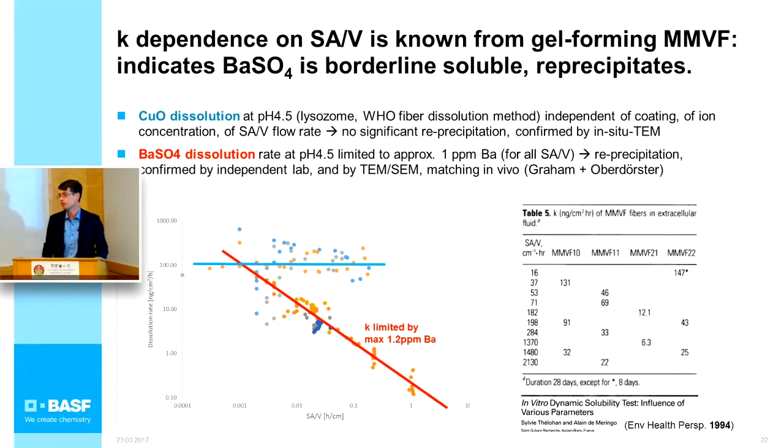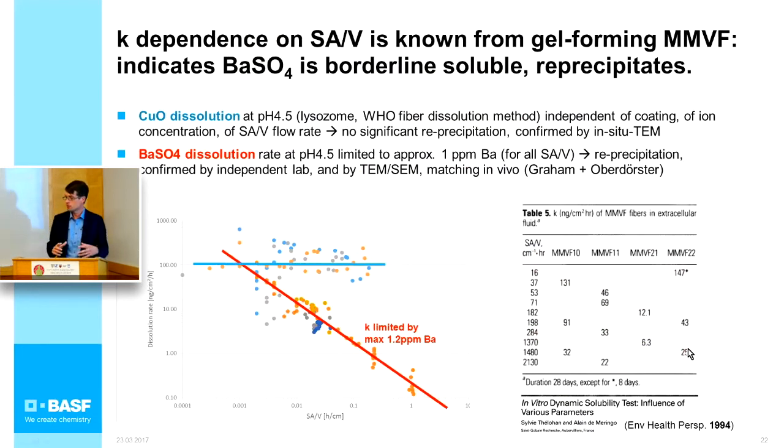And this phenomenon is known from gel formation on mineral fibers. Here you see the same metric, the same parameters, and you see for different materials that they have the same dependence, that with increasing surface area over flow rate, SA over V, the apparent K goes down.